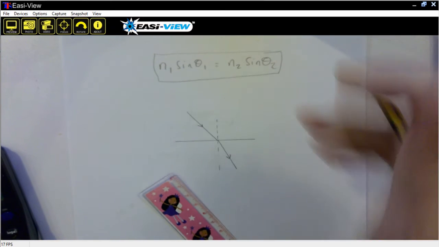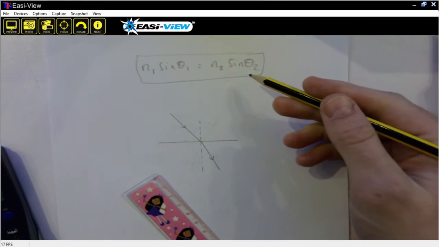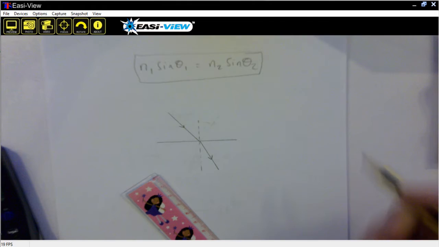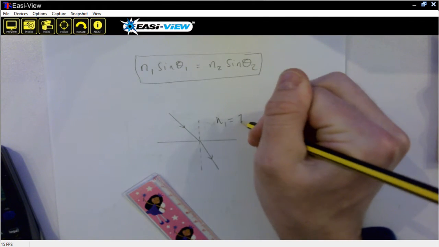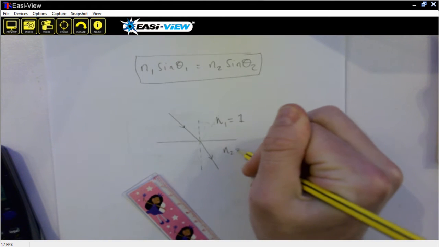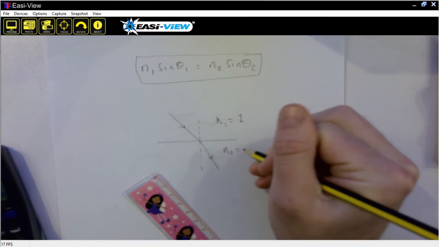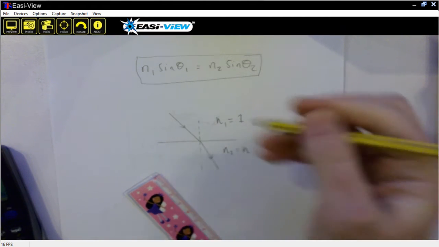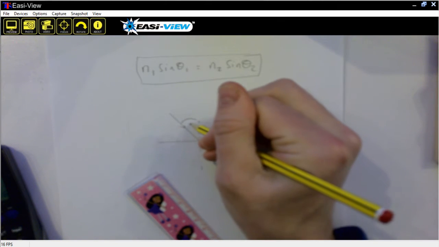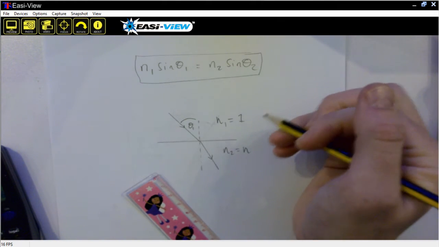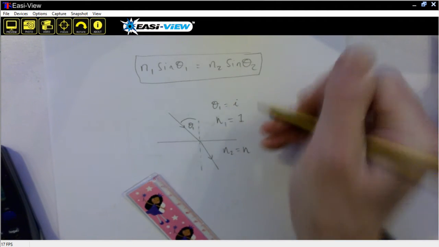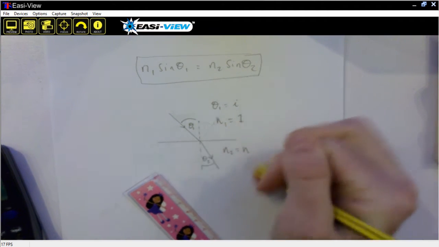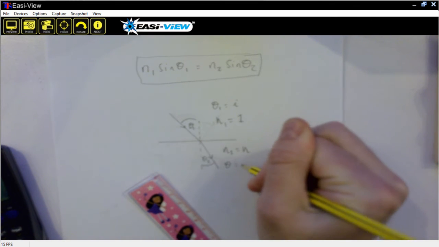So we have this situation, and how do we get from this equation to the simplified equation that we have for GCSE? In this situation, n1 equals 1, and n2 equals the refractive index of the material, which we can leave as n. Theta 1 is the angle of incidence, and theta 2 is the angle of refraction.